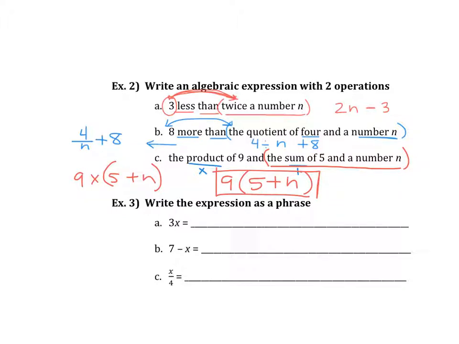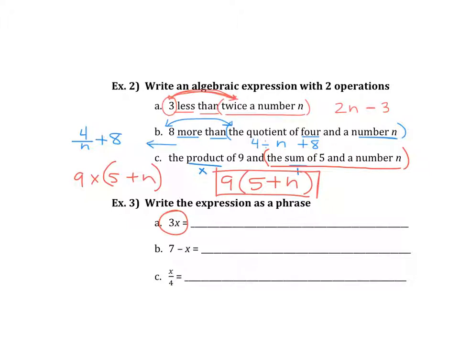All right, last example says write the expression as a phrase. So now we're just going to turn it around, right? We were writing the phrase as an expression. Now we're going to take that expression and put it into words. So how could you say 3x? The product of 3 and x.